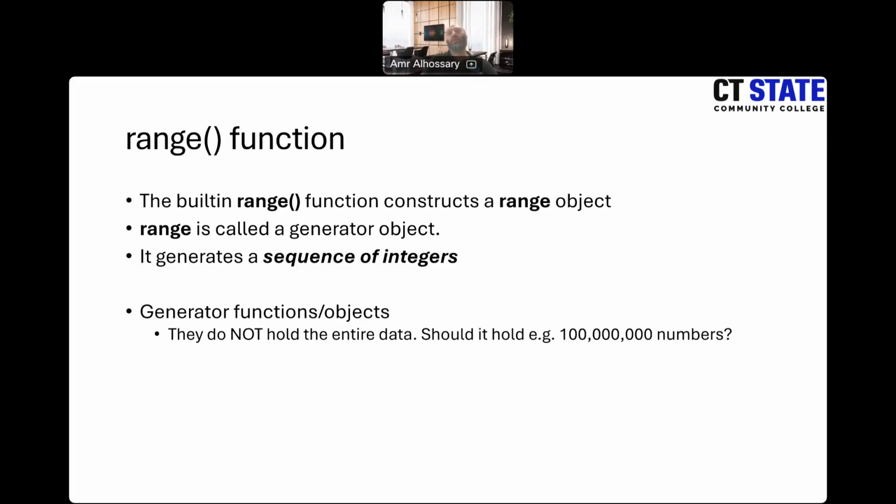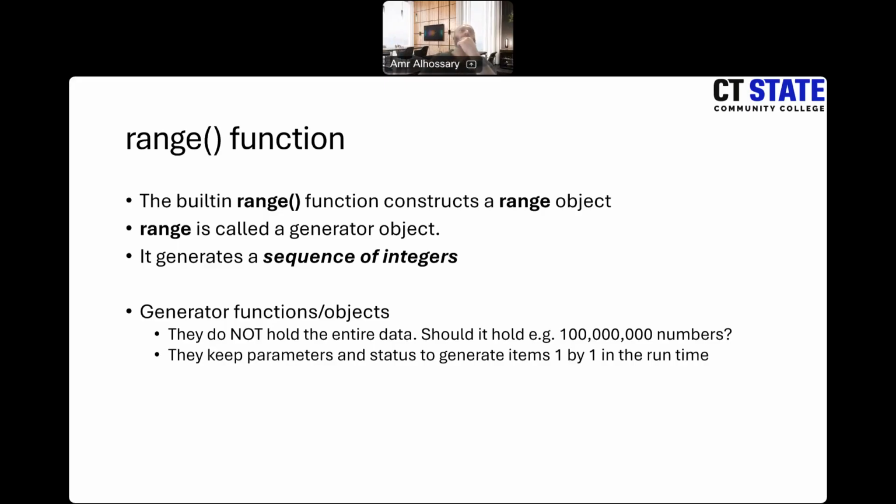Imagine if I want to count from 0 to 100 million, do I need to keep all of these numbers in the memory? Of course not. It would be too much. What happens actually is that they keep only the parameters and the current status to generate the items one by one in the runtime when they are asked to do.